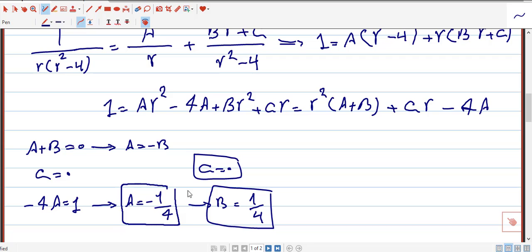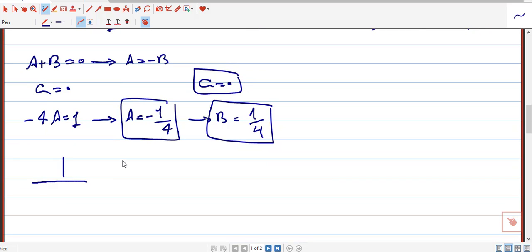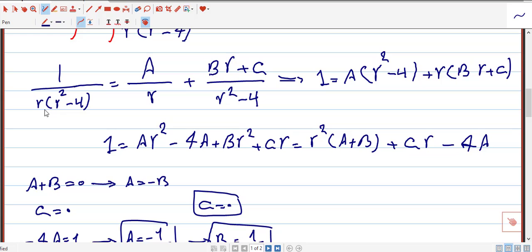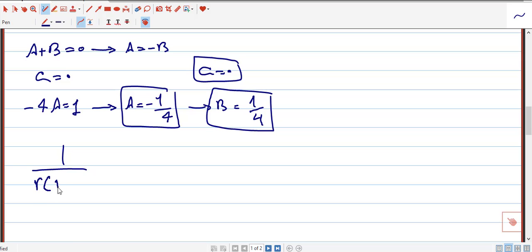I replace a, b, c in these two fractions. I also have to explain another thing: here we have two factors, so that is why I have to write two fractions. If we have three factors, we write three fractions. So 1 over r multiply r squared minus 4 is equal to a over r, so minus 1 over 4 r, plus b equal to 1 over 4 multiply r plus c is 0, over r squared minus 4.